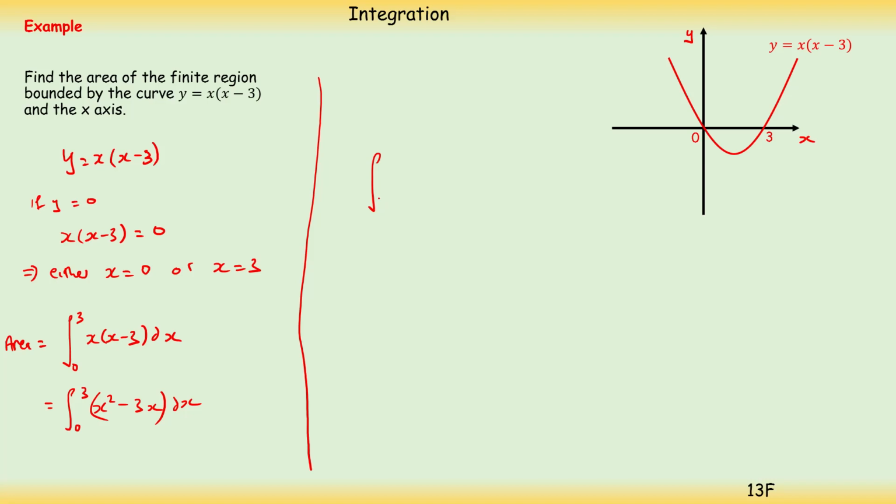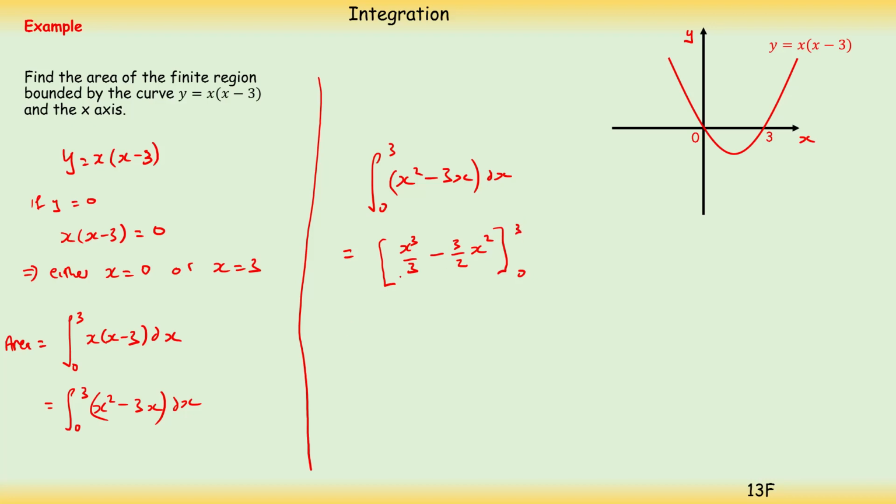Let's put my brackets around it. That's going to be equal to, in square brackets now as I integrate, x cubed over 3, add 1, divide by the power, minus 3 over 2 x squared, from 0 to 3.